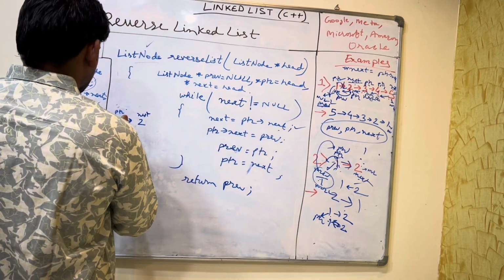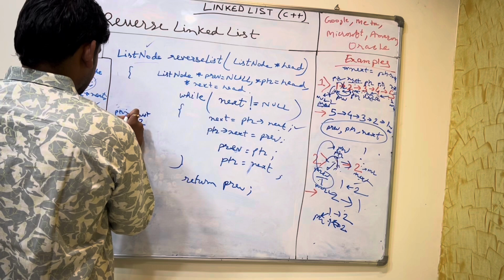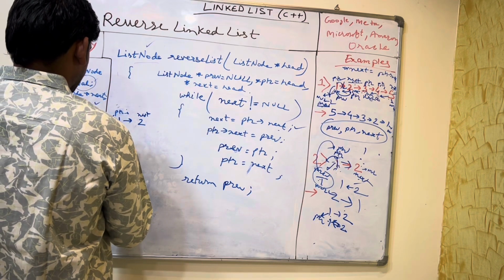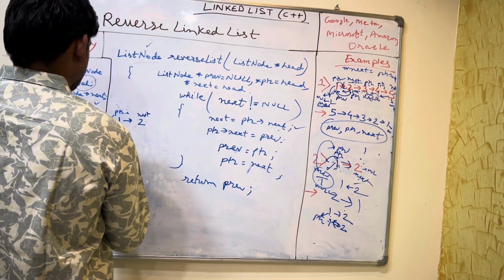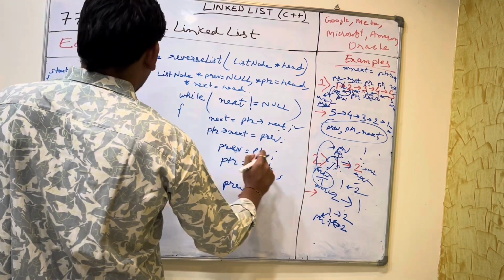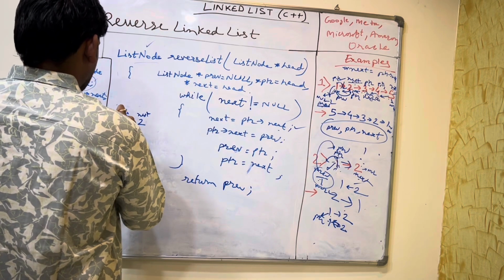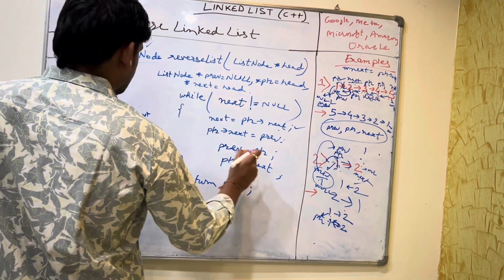That means this link which was pointing to 2 is now pointing to null. So 1 is pointing to null. Now previous is equal to PTR, so this becomes previous, and then PTR becomes next.